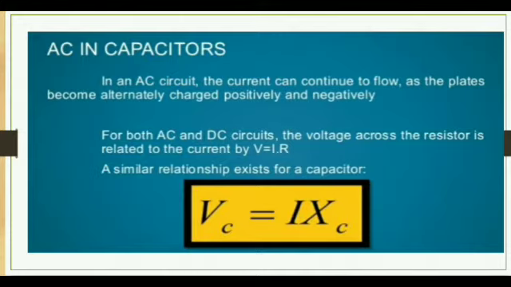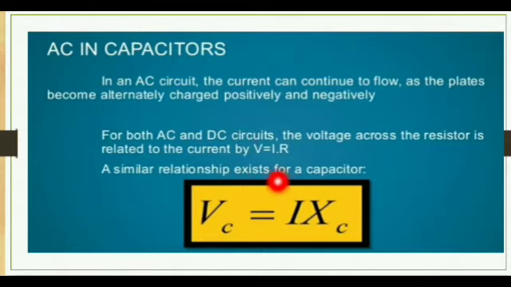For both DC and AC circuits, the voltage across a resistor is related to the current according to Ohm's law, V is equal to IR. A similar relationship exists for a capacitor, right?